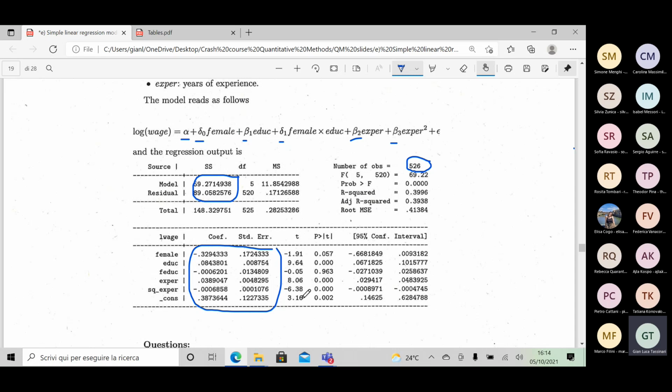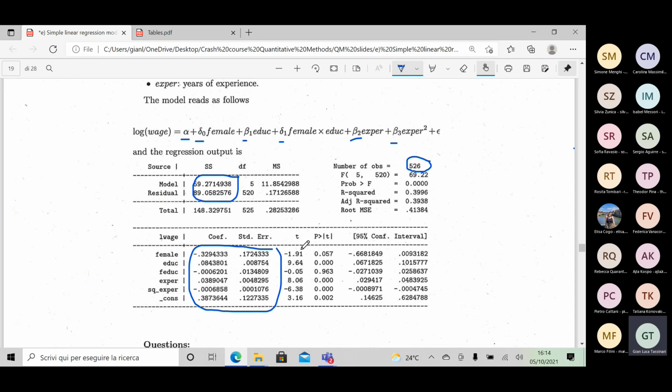What do you have here? You see this column T. Pay attention, this is the observed value of the statistic test. In particular, 1, 2, 3, 4, 5, 6. These are the observed values of 6 statistic tests.